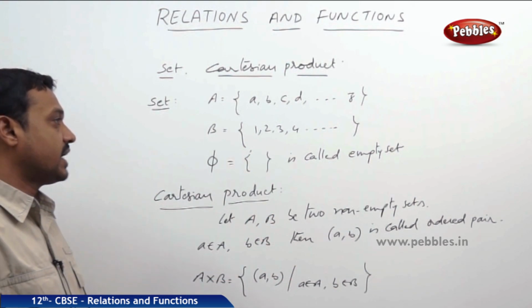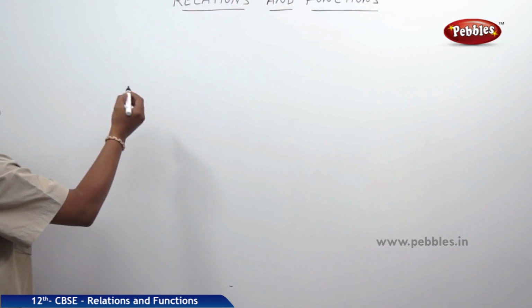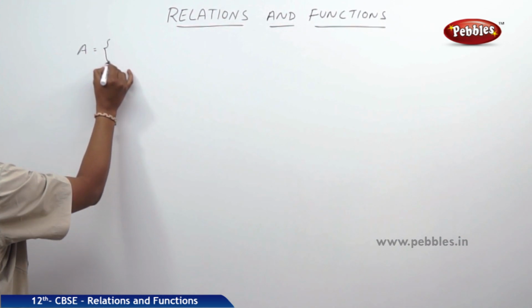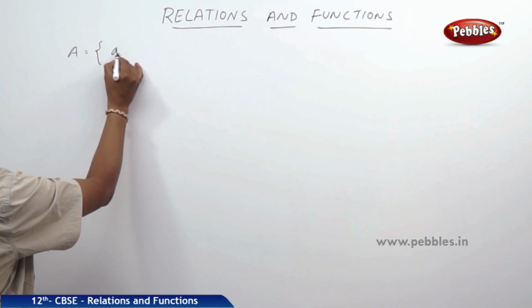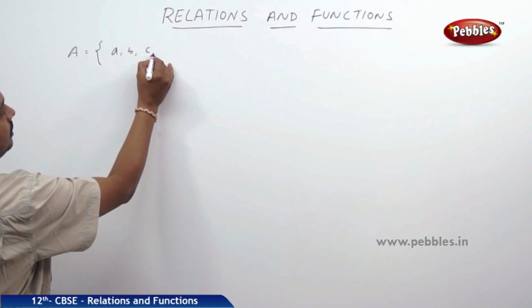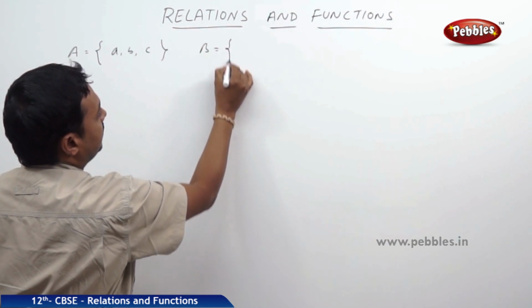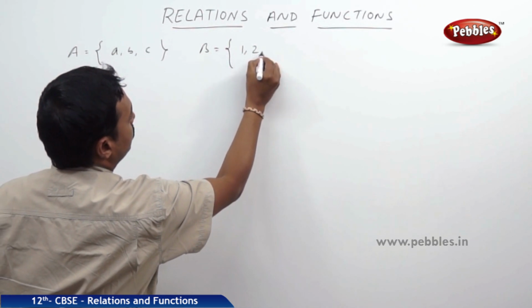Now let us take one example. Suppose the set A is equal to {a, b, c} and another set B is equal to {1, 2, 3}.